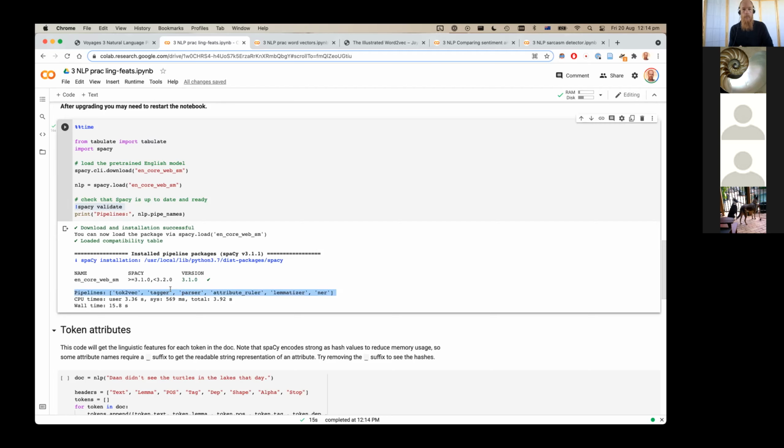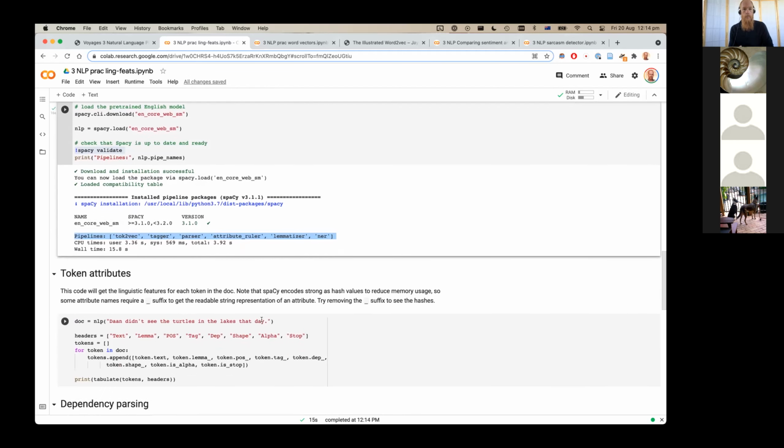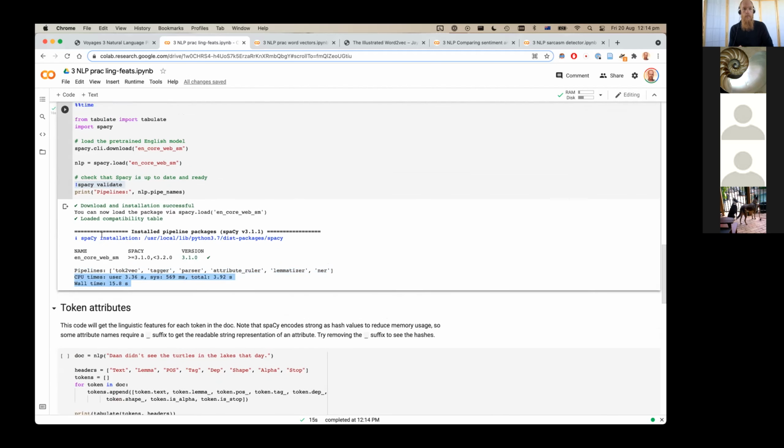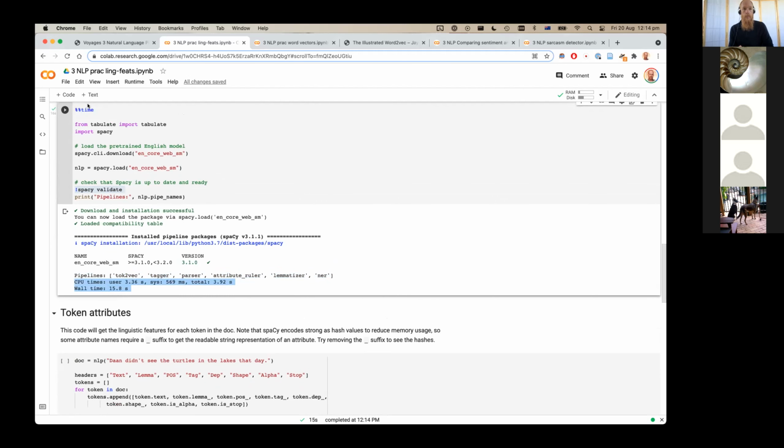The tagger is the part of speech tagger, and there's a lemmatizer and a named entity recognition pipeline component. Now, this output is the result of the time magic keyword. Whenever you start a code cell with this time magic keyword, you'll get this kind of output at the bottom, which tells us how long it took to run that cell.